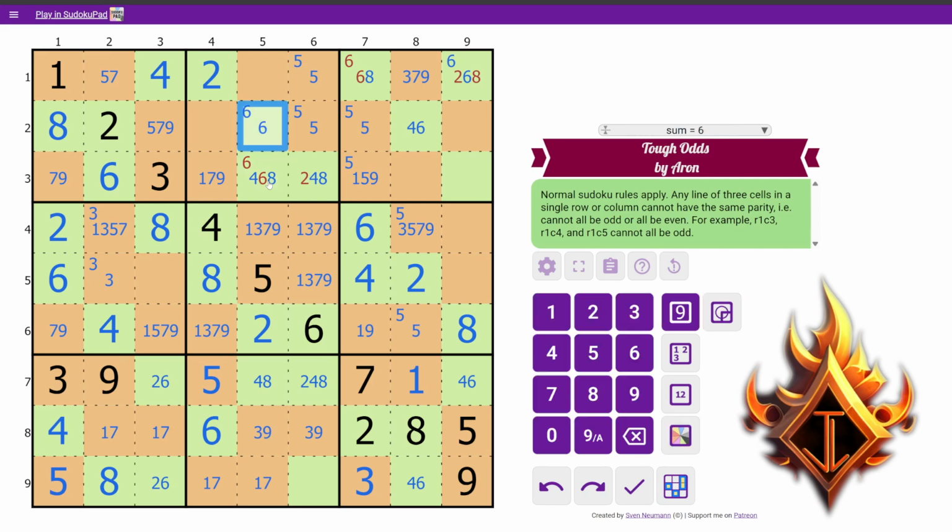This is now 6. Did I give a 4/8 pair here, pointing toward a 2?